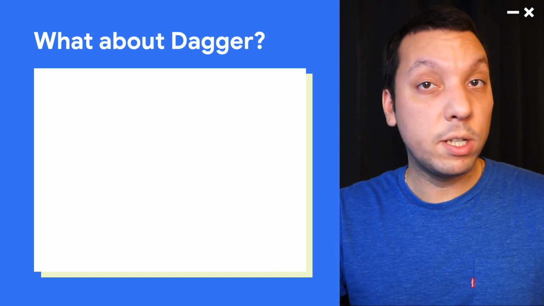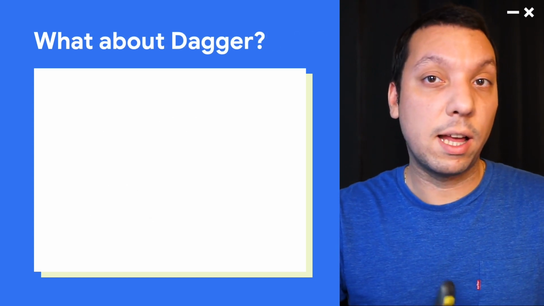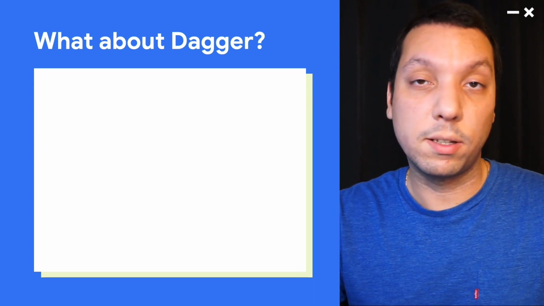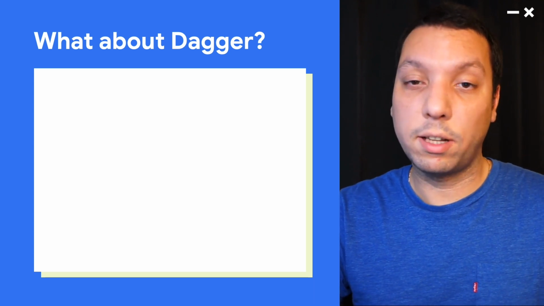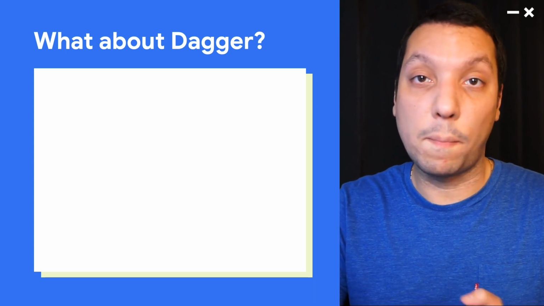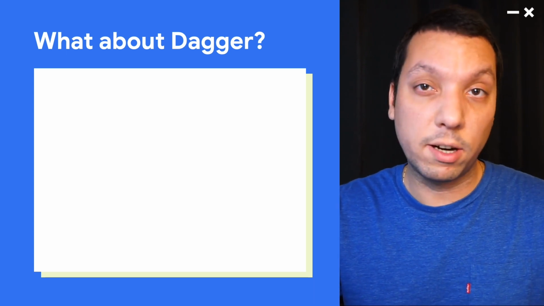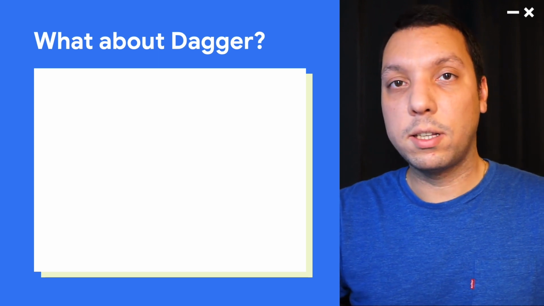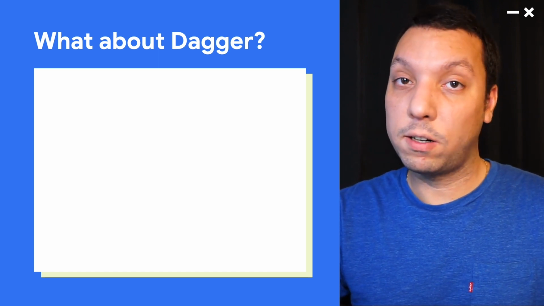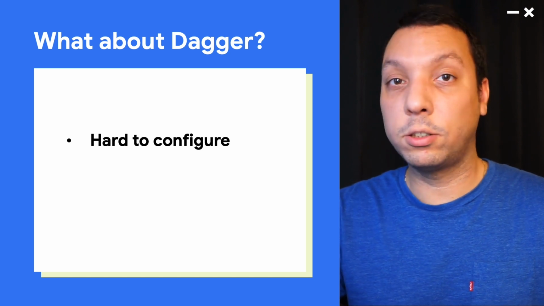One of the libraries we recommended on that Android Dev Summit talk was Dagger. And Dagger is great. It's a dependency injection library that offers compile time validation of the dependency graph, and it has amazing runtime performance. But we did notice that it's hard to use, especially it's hard to configure.